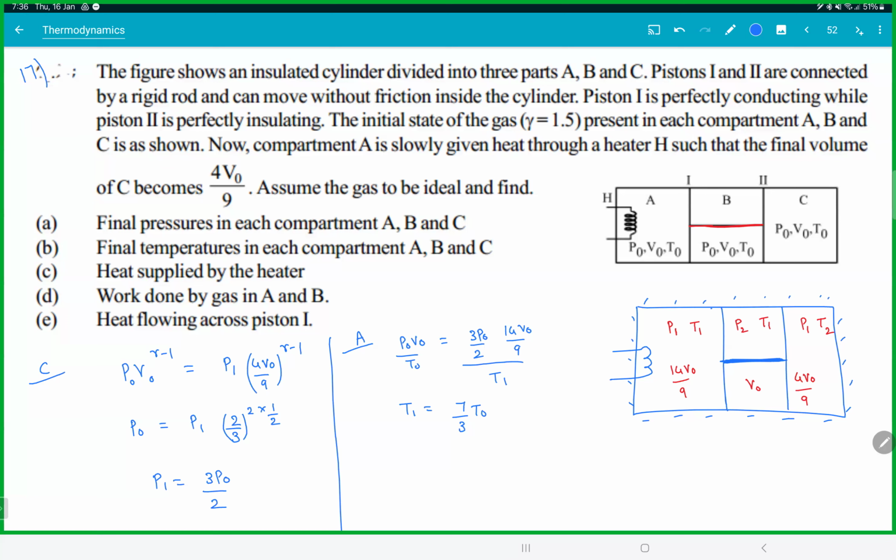Actually, for compartment C, I can do this also. In compartment C, P naught V naught by T naught is P1, 3P naught by 2, into 4V naught by 9, by T2. From here, I'll get T2 equal to 2 T naught by 3.